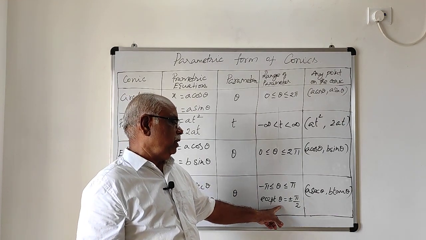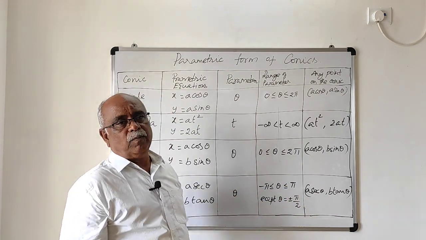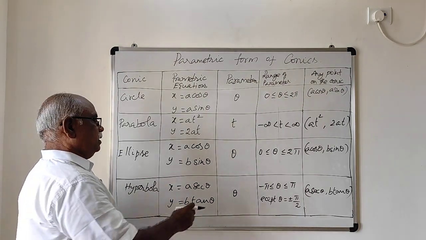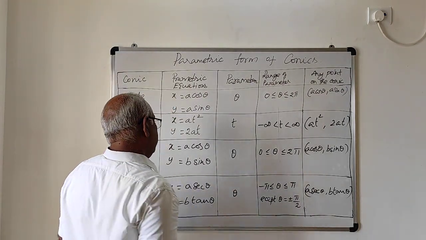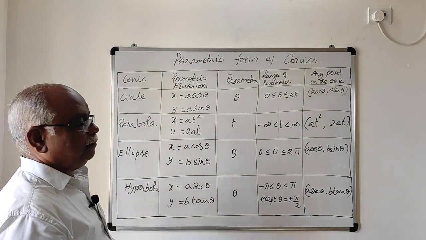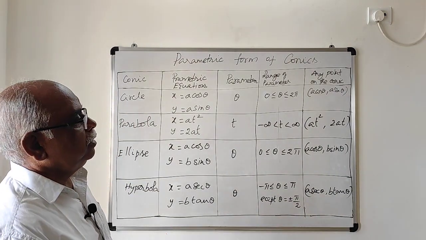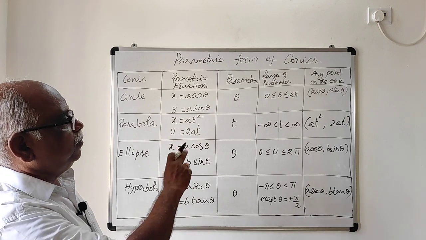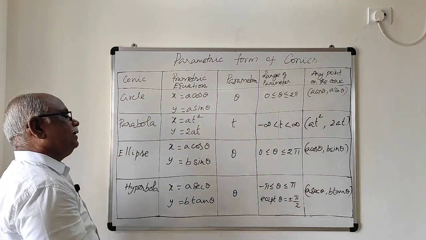Theta should not be plus pi by 2 or minus pi by 2. Any point of the hyperbola is (a secant theta, b tan theta). These were the different types of parameters of the conics.